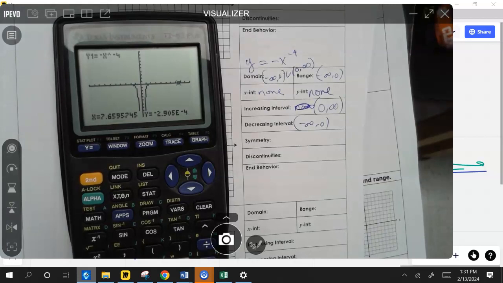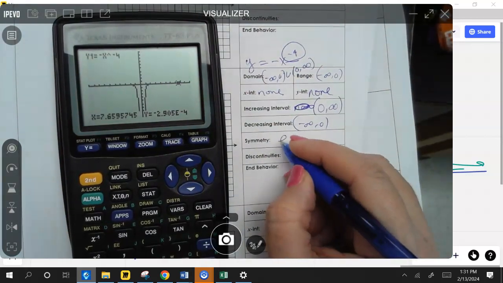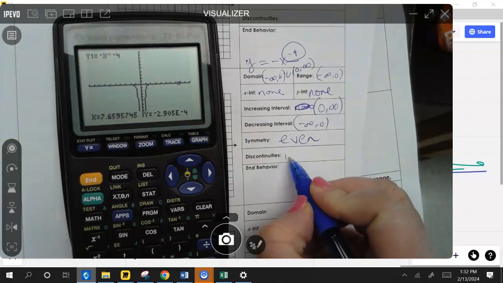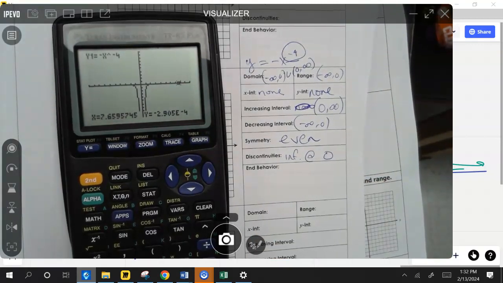How about symmetry? Even, look at that exponent, right? Discontinuities. Where? Infinite at 0. Asymptotes infinite.